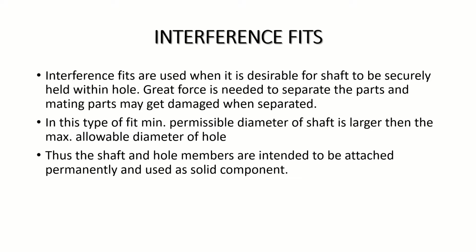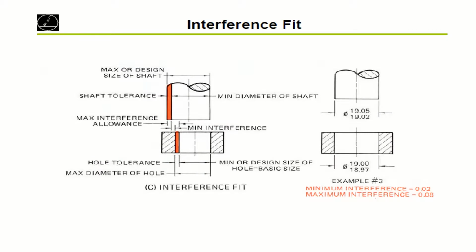Now we are moving to the grades and examples of the interference fits. Before moving to the grades, let us do the pictorial representation. You can go through the slide, as the interference fit is given. As the definition says, the maximum dimension of the hole will always be smaller than the minimum dimension of the shaft.